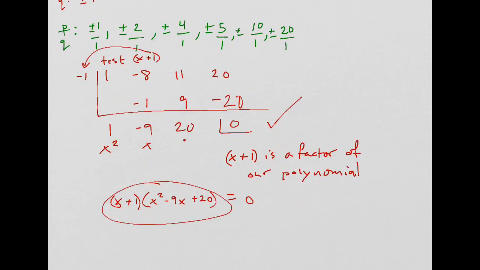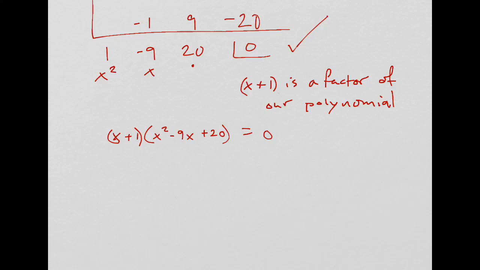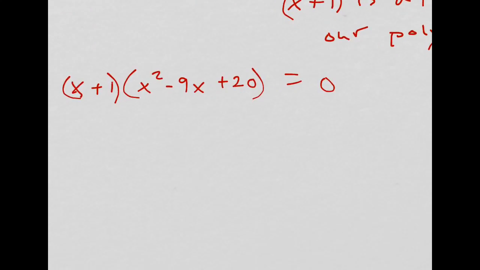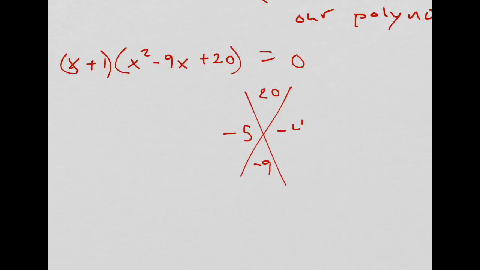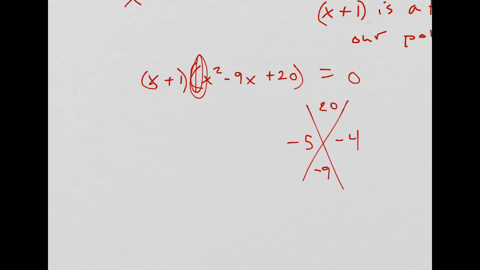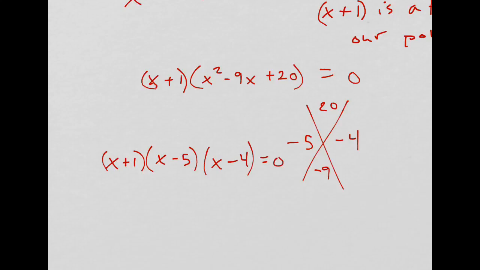So it's a way that we factored without actually having to factor. We just guessed and then wrote out the factors. The next step is to try and use x factoring, the big X, for this. That'll be 20, negative 9, so negative 5 and negative 4. I can use the shortcut for this, so this will work out. I have x plus 1 times x minus 5 times x minus 4, and that equals 0.